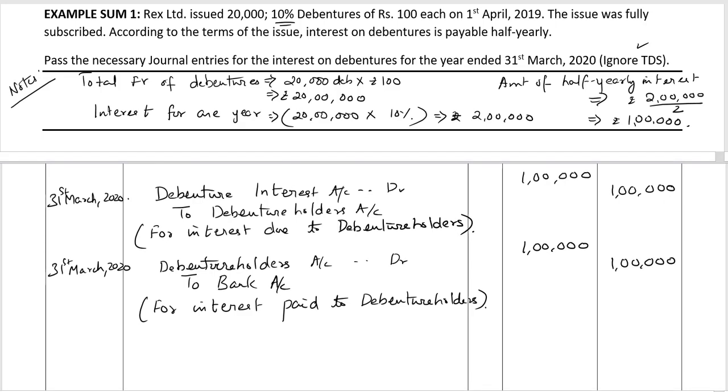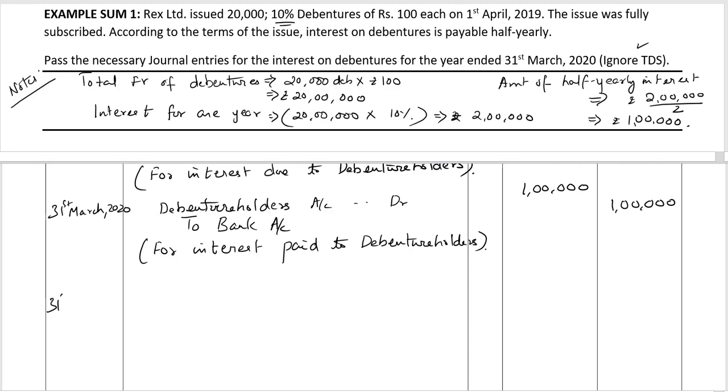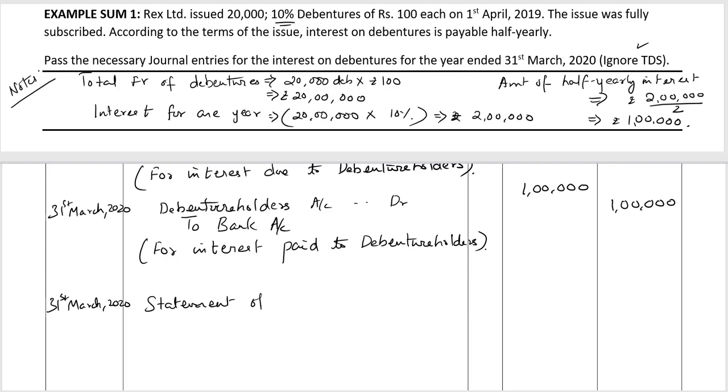And the final entry at the end of the accounting period, 31st March 2020. Statement of profit and loss, finance cost, to debenture interest account.